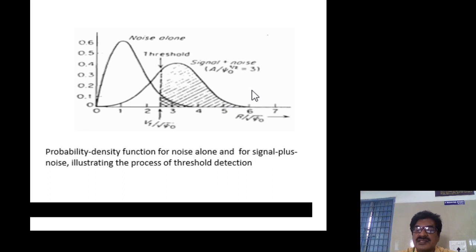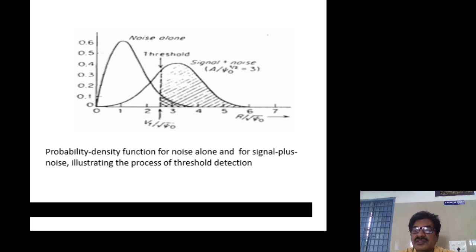The vertical line represents the threshold voltage. If the threshold voltage is too low, if I reduce this one, one more point here is that the double hashed area represents the false alarms, whereas the single hashed area represents the desired targets.